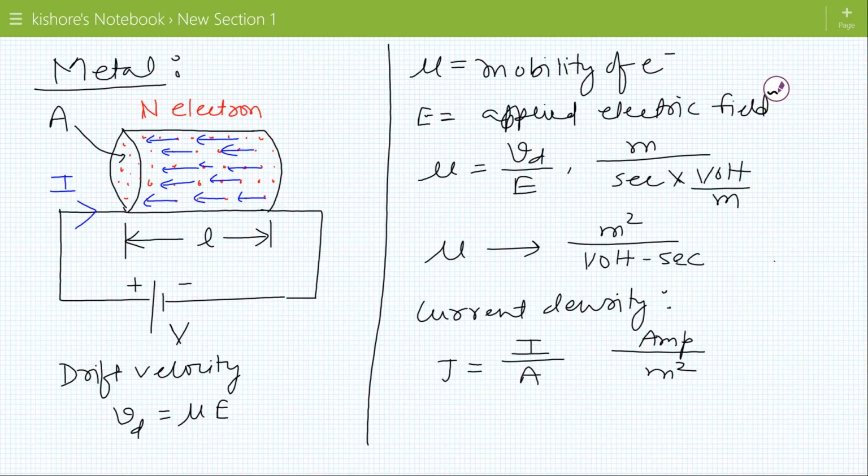Now this current is charge upon time, and total number of charge is N into Q, total charge, divided by time. This is the current into 1 by A.